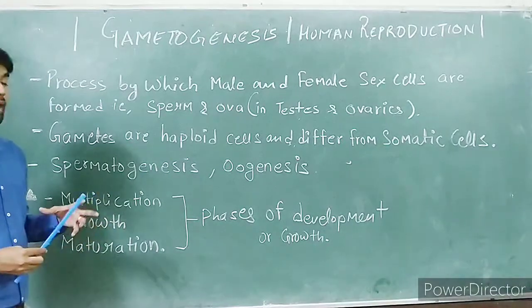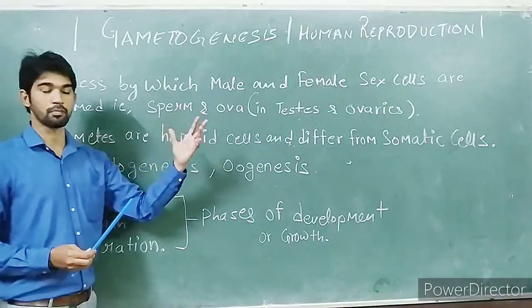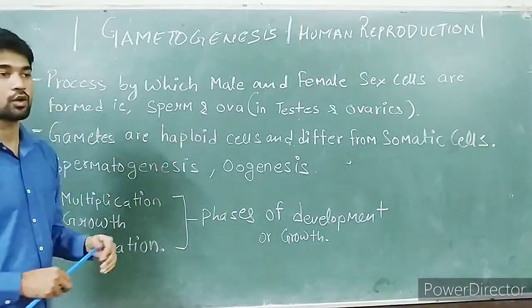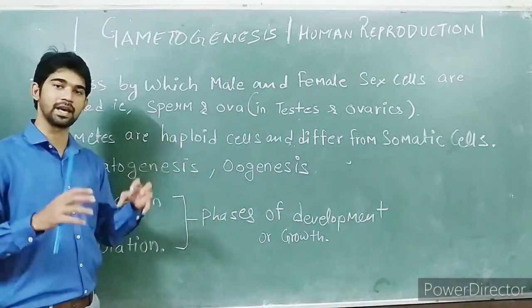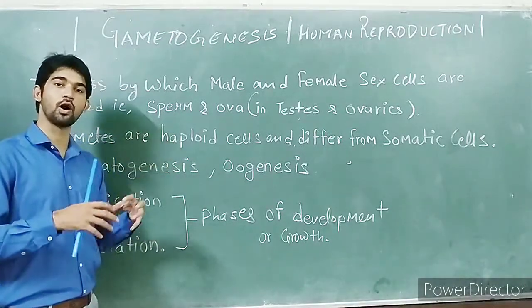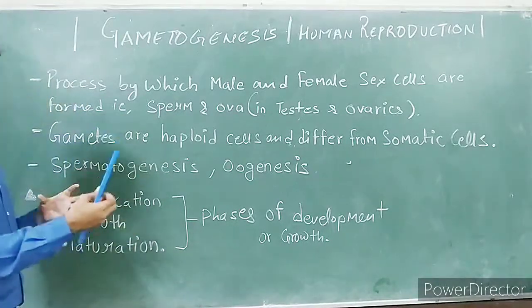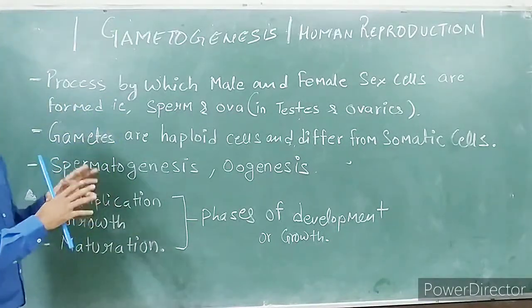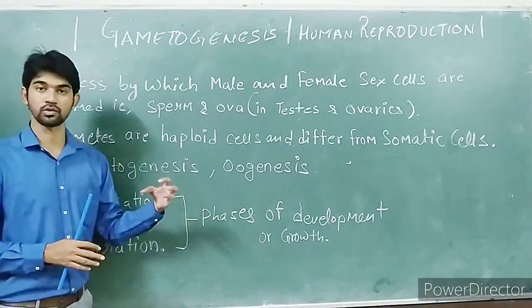And in order to understand this, let's go back to the process of fertilization. What is fertilization? It is the fusion of male and female gametes, and they fuse to form a zygote. So, when male and female gametes are fusing in fertilization, they cannot carry the full number of chromosomes.